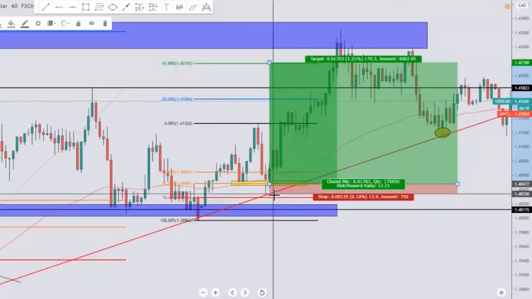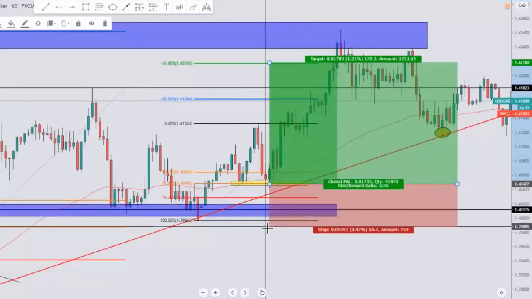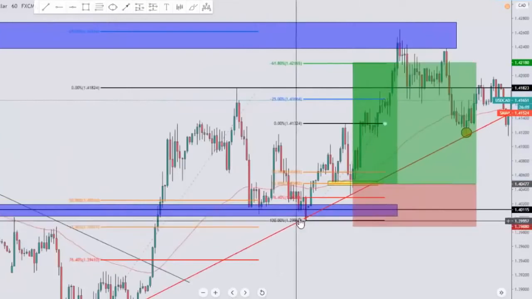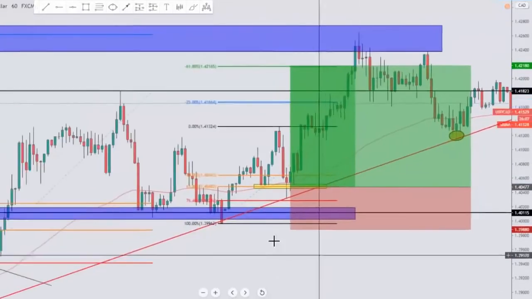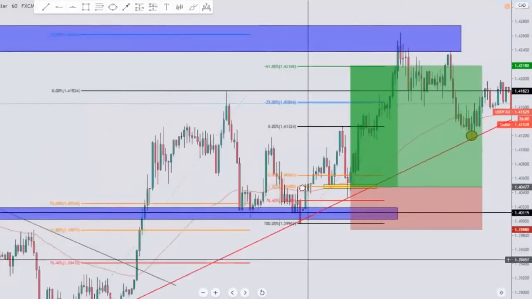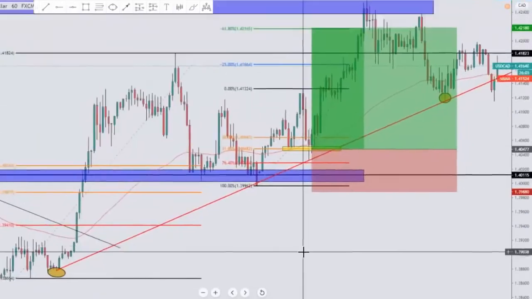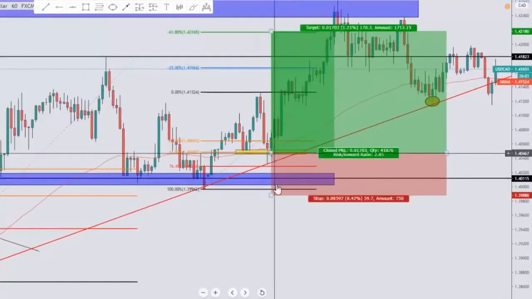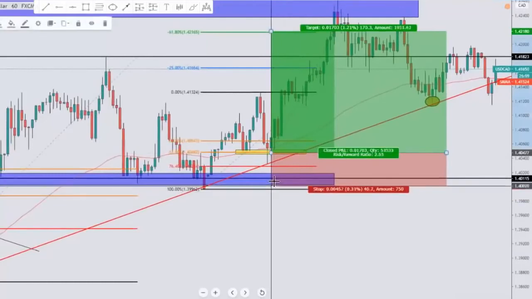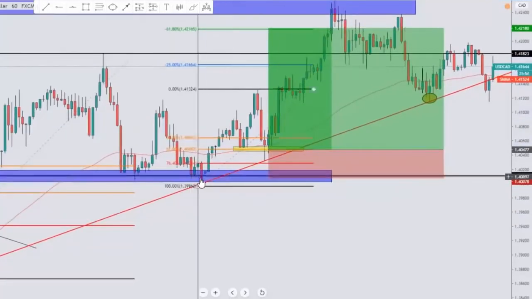So if you're a little bit of a swing trader, you would probably put your stop loss here at 60 pips below this recent low. But I had this trend already forming out, and we have these fib levels, so I was sure price wasn't going to break this area just beneath these little wicks right here.